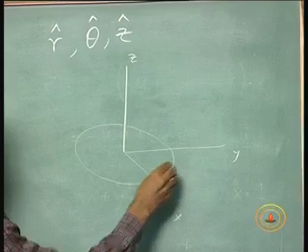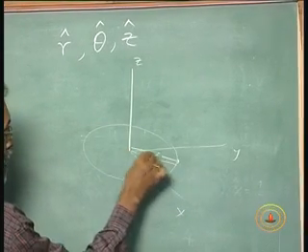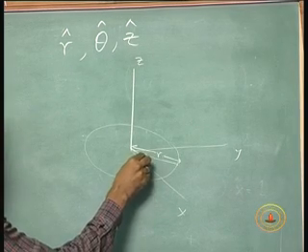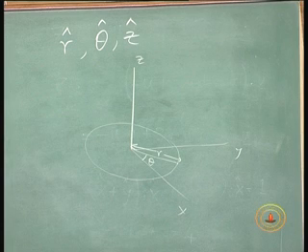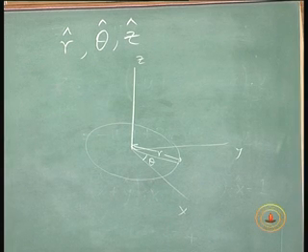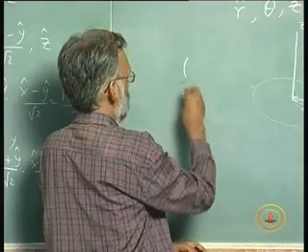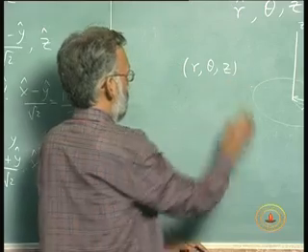Any point I say has a radius r and an angle with the x axis theta. So, any point in 3-dimensional space can be captured by specifying r, theta and z.